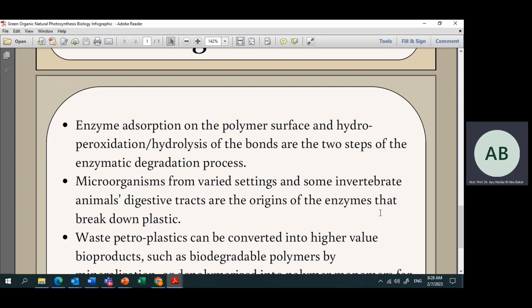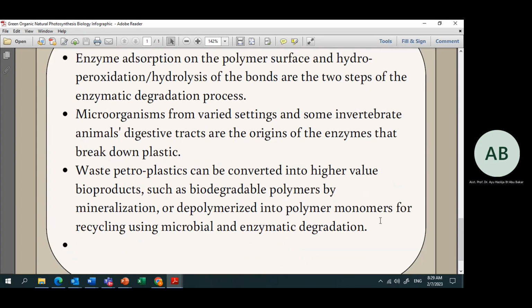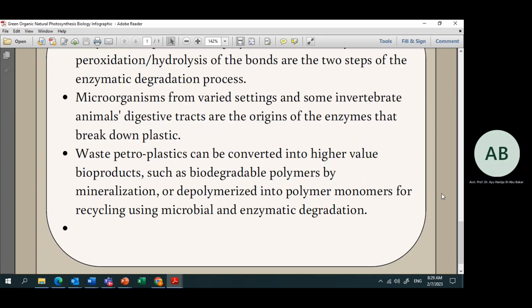Microorganisms and some animal secretions are the origin of the enzymes. Waste plastic has been converted to higher value products such as biodegradable polymers by mineralization or polymerization of monomers for recycling using microbial and enzymatic degradation.